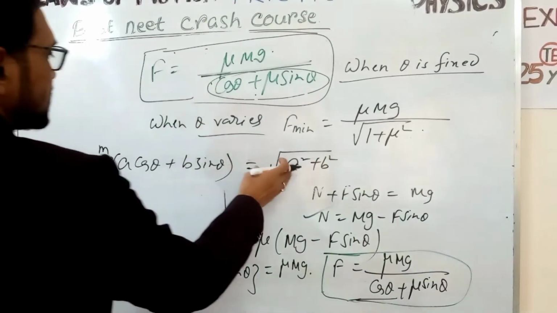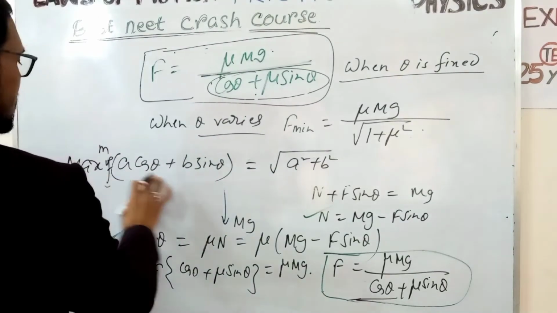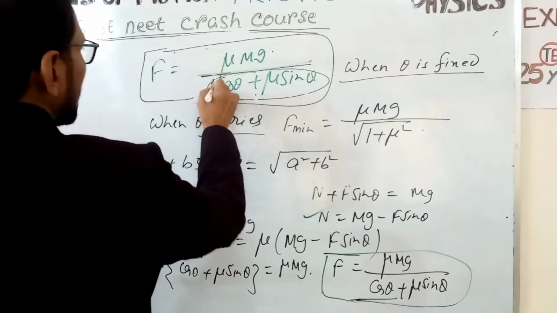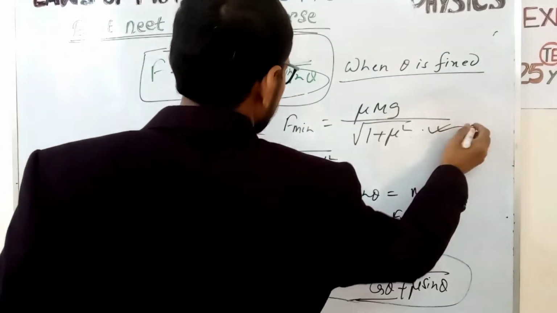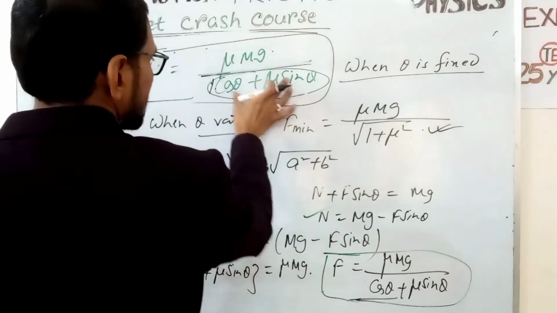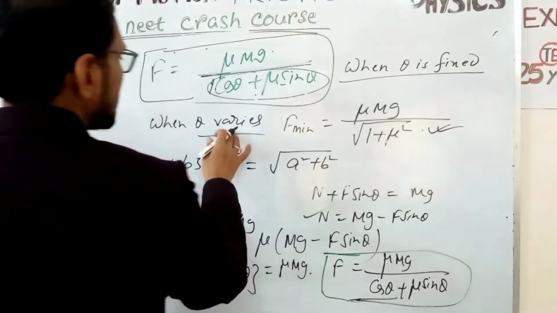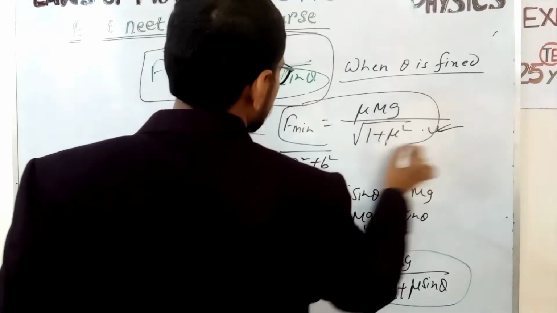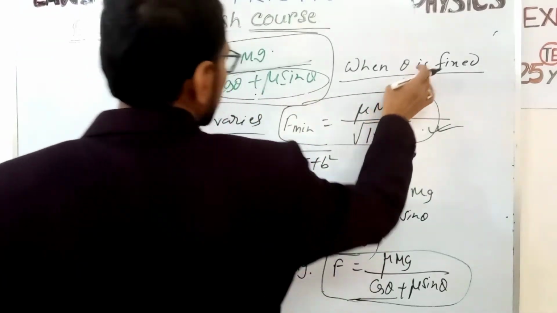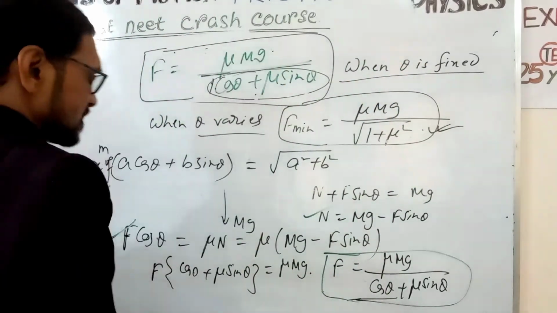I have applied this formula. Here a is 1, b is mu. So the maximum value of this expression is this, and so this is the minimum force. So when theta varies, the minimum force is this. You can remember this formula. And when theta is fixed, the formula is this.